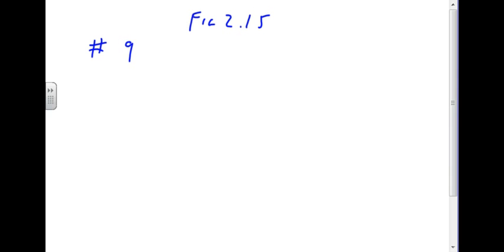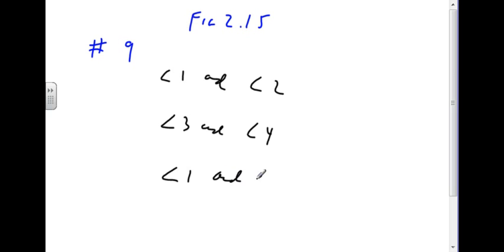Okay, so we're going to go with angle 1, angle 2, angle 3, angle 4, angle 1, angle 3. I got 3 pairs. It didn't say give me 3 angles, it said pairs, right? Otherwise I could go up there and pick 6, 8, and a 90, but it didn't tell me to use 3 of them, so I'm not going to.